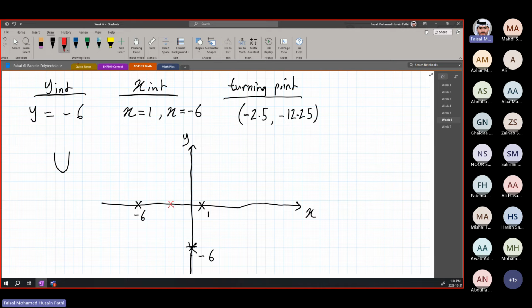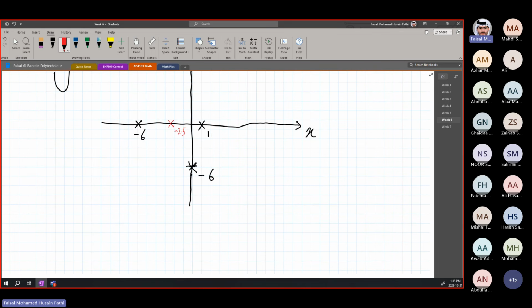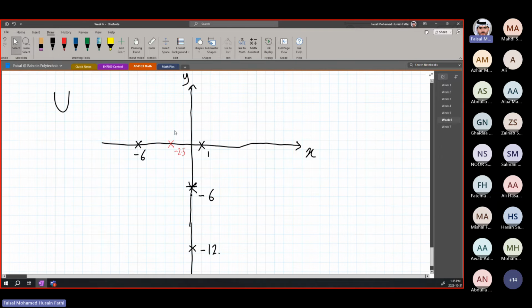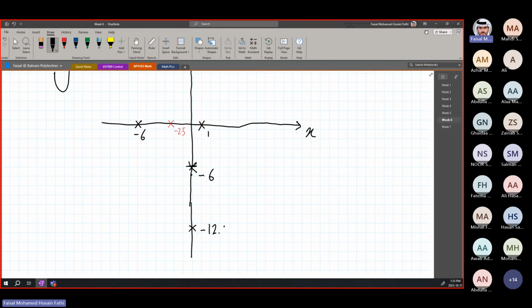That's x equal to minus 2.5. And the y part is minus 12.25. So if you go a bit lower and extend this a bit more, this is minus 6, and minus 12.25 is roughly somewhere around here.